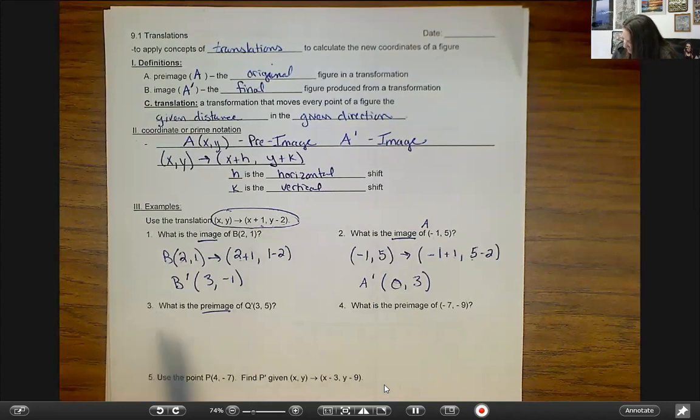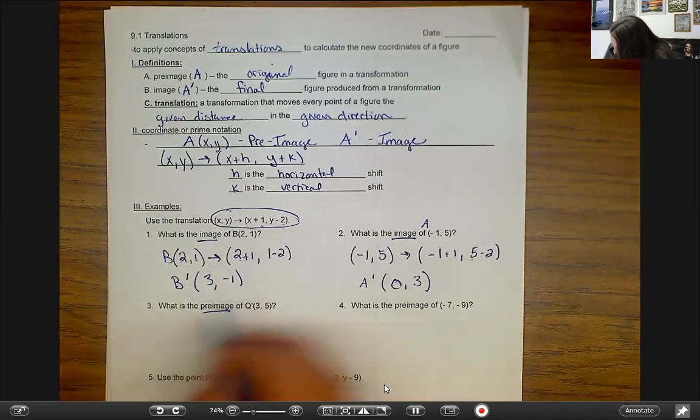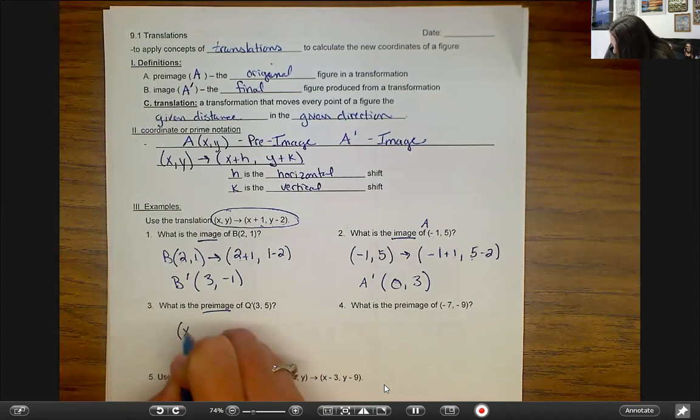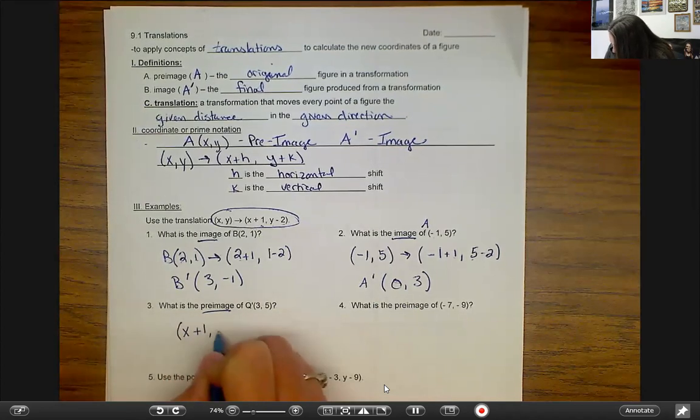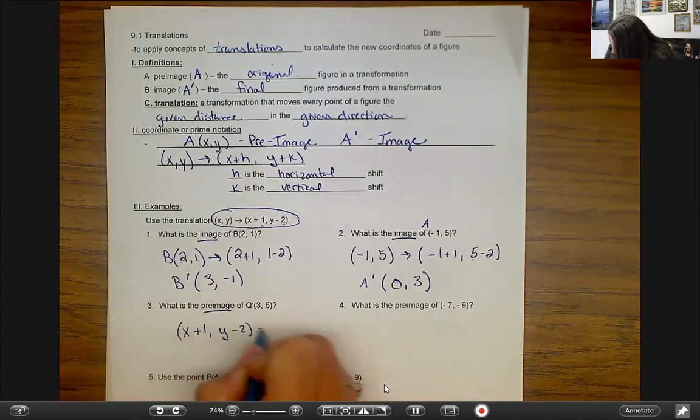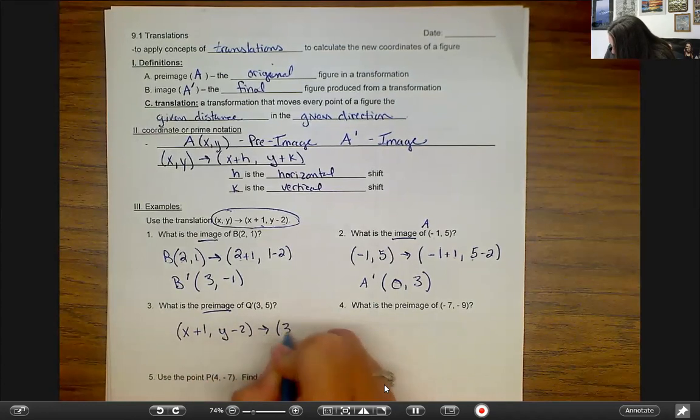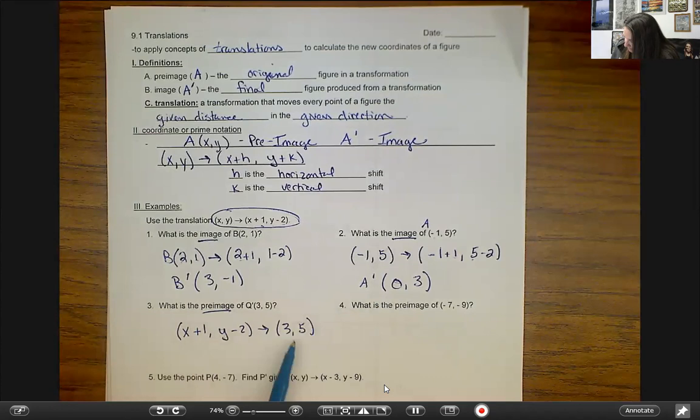Now, in number 3, we're going to work the opposite way. This time, we want to know what's the pre-image. So where did the vertex start? If Q prime is at 3, 5, or it ends there. So we know that when we apply this rule, x plus 1 and y minus 2, it's going to go to the point 3, 5.